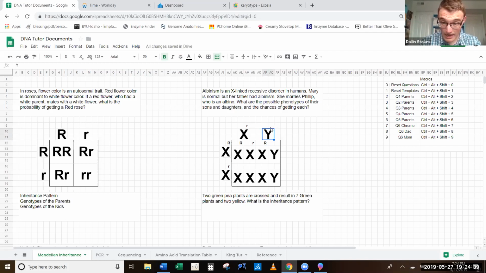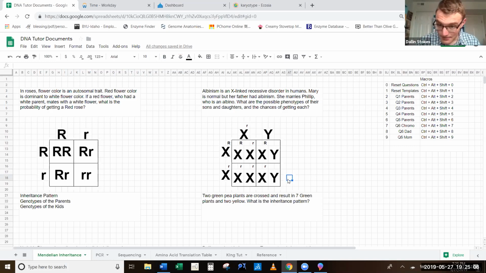And again, the Y didn't come with a trait up here, so it's not going to come with a trait down here. So this is simply X big R, Y. This one, X little r, and X little r. And then we bring the X little r across, and the blank Y down, because again, the Y chromosome does not have X-linked genes on it. All right, here's our cross.